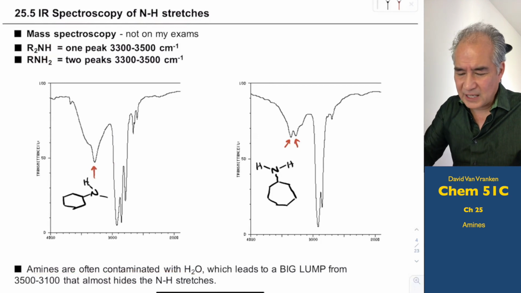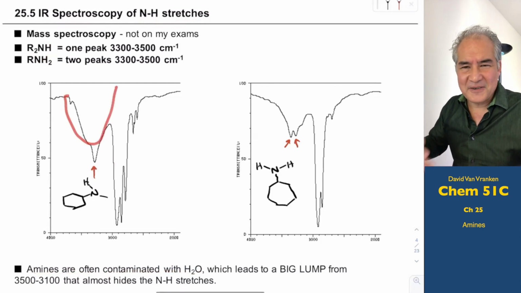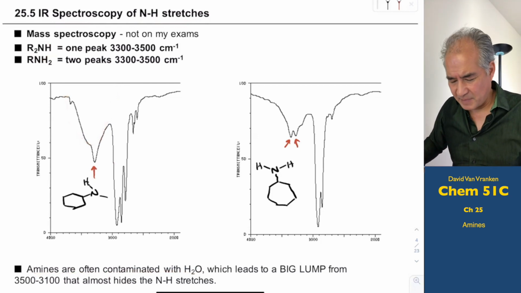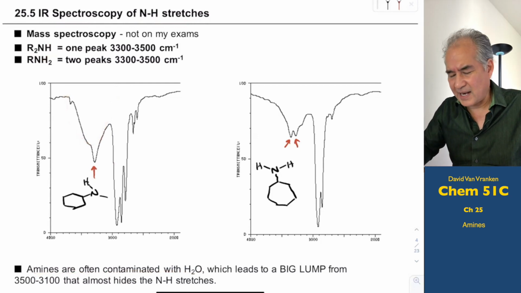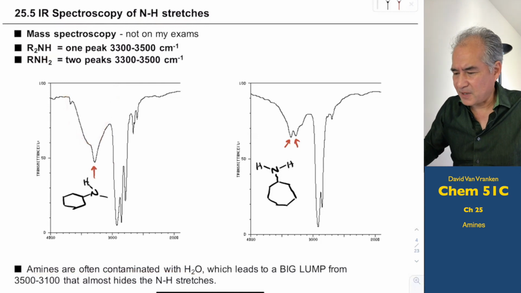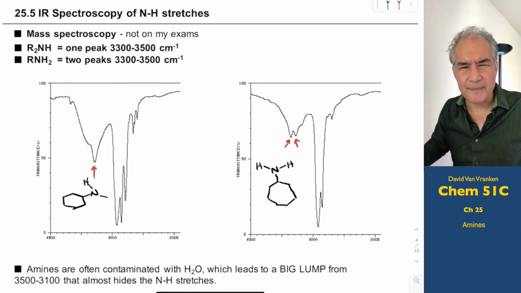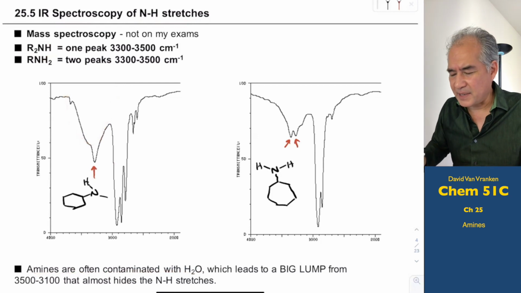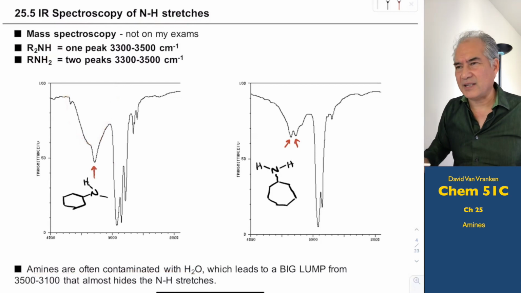And that water can leave huge blobs in your spectrum. Just a tiny, tiny amount of water contaminating your amine sample can make a huge blob. So you've got to be careful about that, because it can sometimes hide those little NH blips from you. So you need really pure samples of your amine in order to reliably see these little blips that tell you how many types of NH stretches there are.